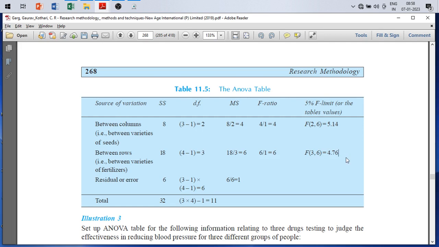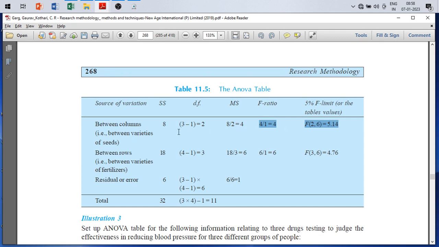Okay, now you compare this F with the critical value. So this F is less than the critical value, and this F is more than the critical value. Okay, so that means for this one, you are going to accept the null hypothesis.